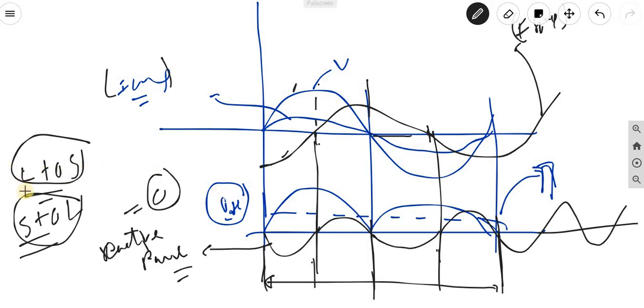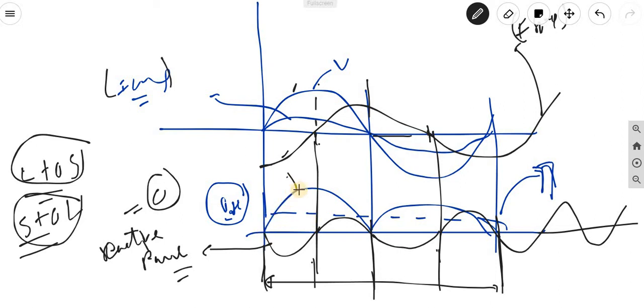Power is delivered from source to load and load to source. So reactive power, for one quarter cycle, flows from source to load, and for the next quarter cycle, from load to source and source to load. Like this it flows. This is the reactive power flow, and this one is the active power.